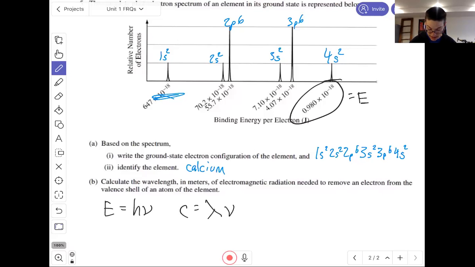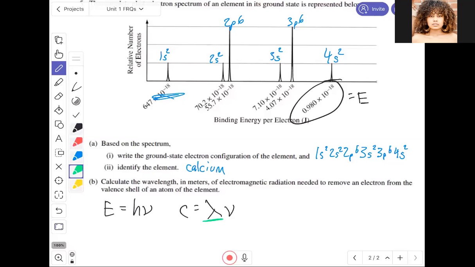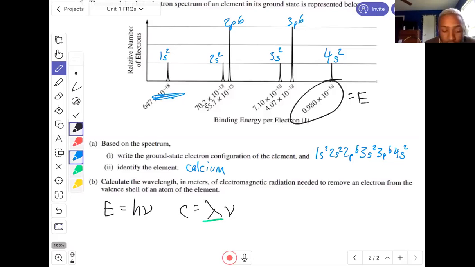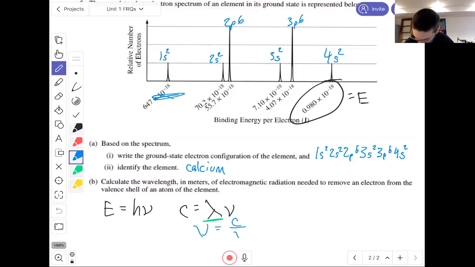What is not on your sheet is those two equations combined. But if you get to annotate your sheet, we'll annotate it. Nu is c over lambda. So nu is c over lambda.